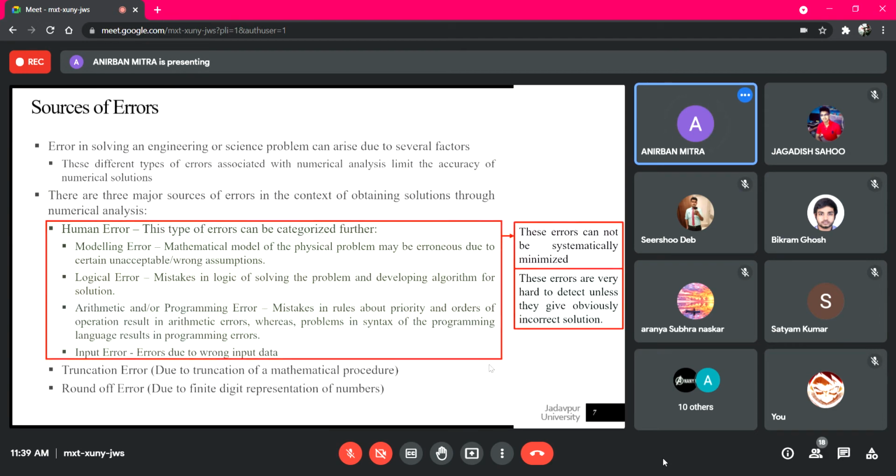Round-off errors happen when you go for finite digit representation of numbers, whereas truncation error occurs when you go for truncation of a mathematical procedure. And these two are the errors that we will discuss in much more detail, and we will look to counter in our numerical analysis course.